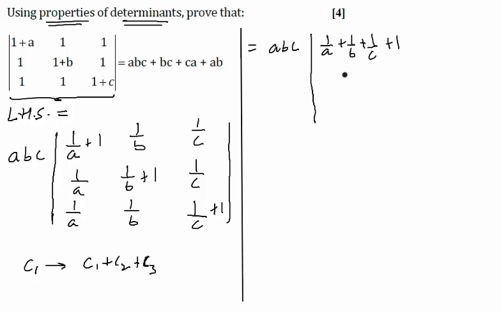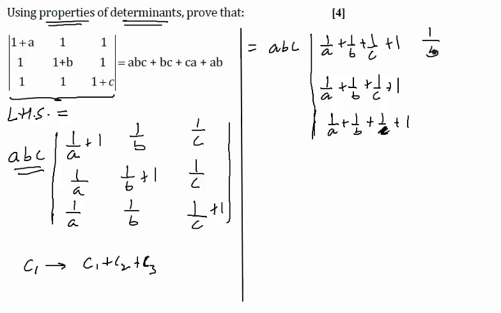This is the first row of column 1, right? Now the second element of column 1 will again become 1 upon A plus 1 upon B plus 1 upon C plus 1, and similarly the third will also become 1 upon A plus 1 upon B plus 1 upon C plus 1. This is actually the benefit of taking A, B, C initially outside, so that we get similar values in the first column, right?